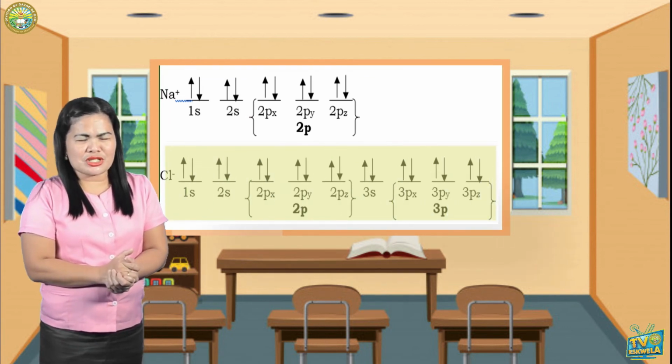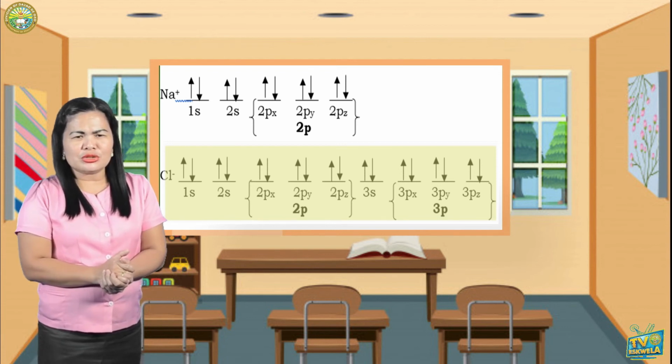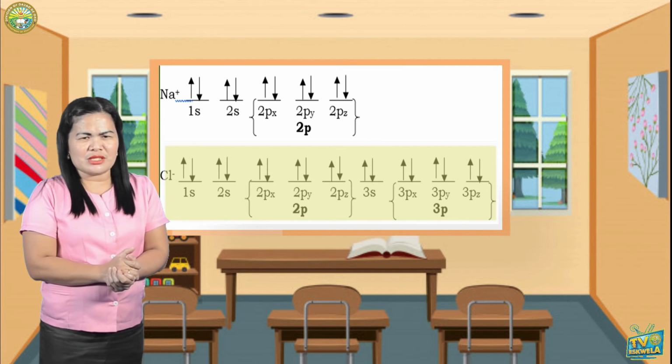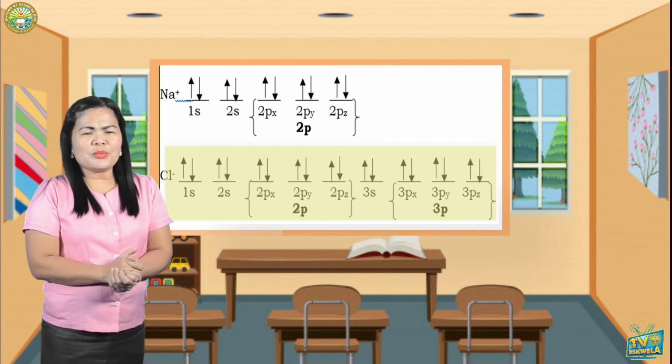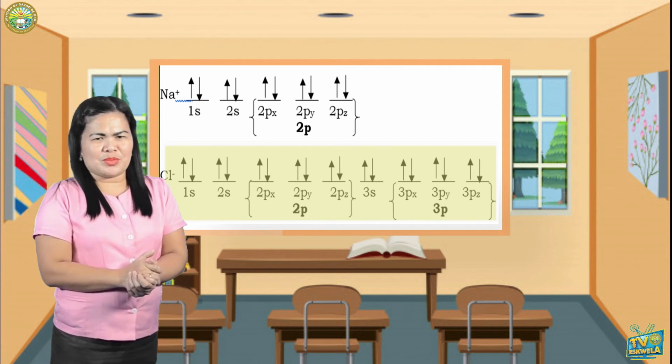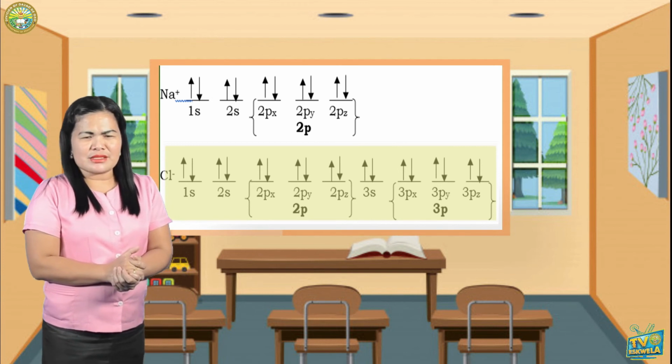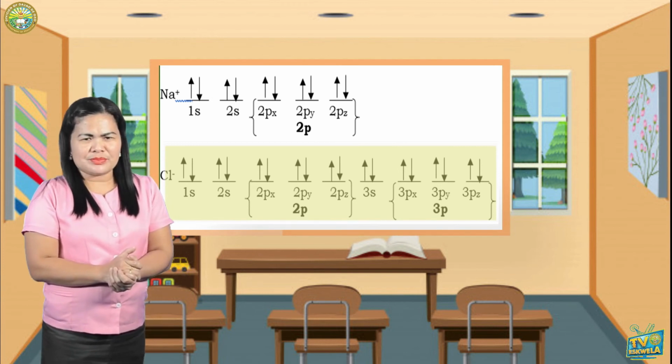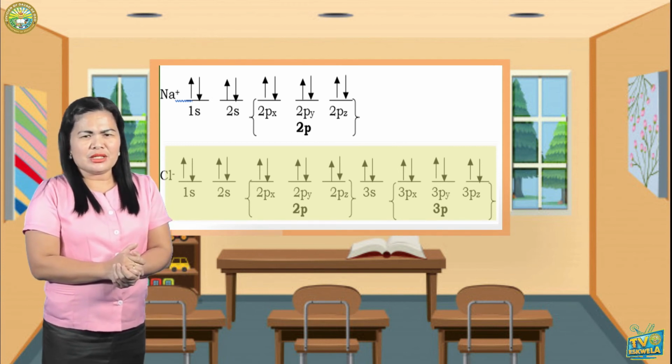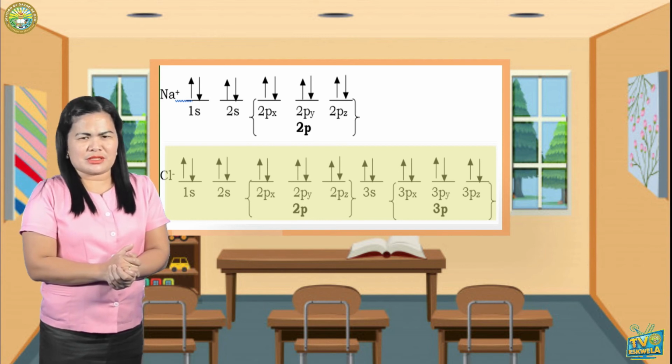The orbital notation is 1s with 2 opposite spins, 2s with 2 opposite spins, 2p with 6 opposite spins, 3s with 2 opposite spins, 3p with 6 opposite spins.